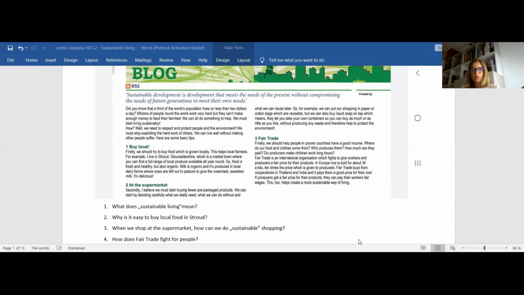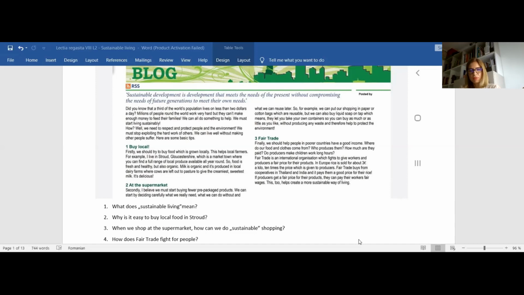3. Fair trade. Finally, we should help people in poorer countries have a good income. Where do our food and clothes come from? Who produces them? How much are they paid? Do producers make children work long hours? Fair trade is an international organization which fights to give workers and producers a fair price for their products.